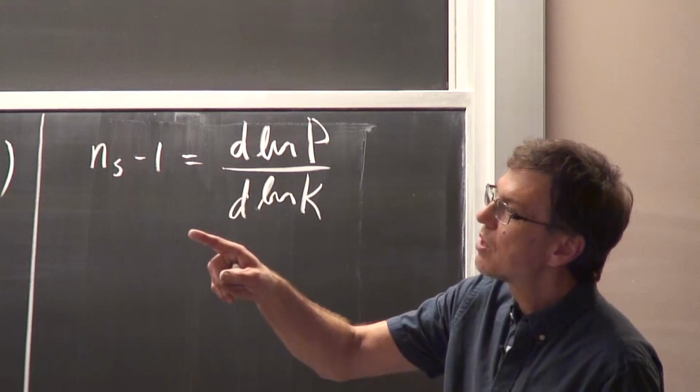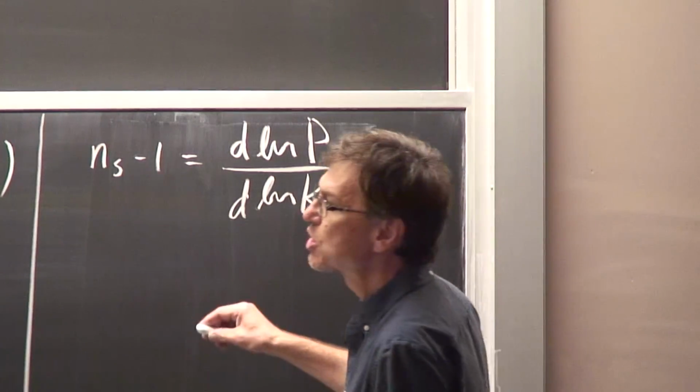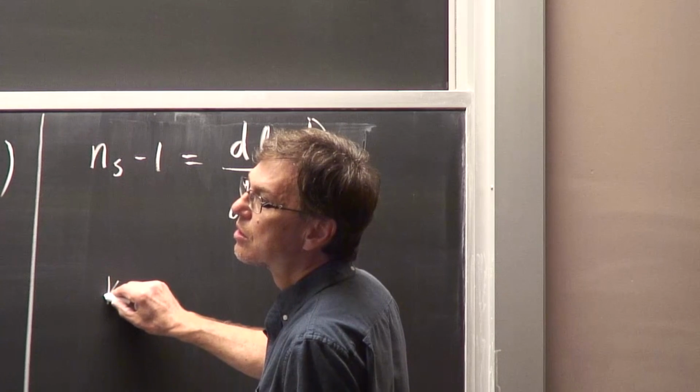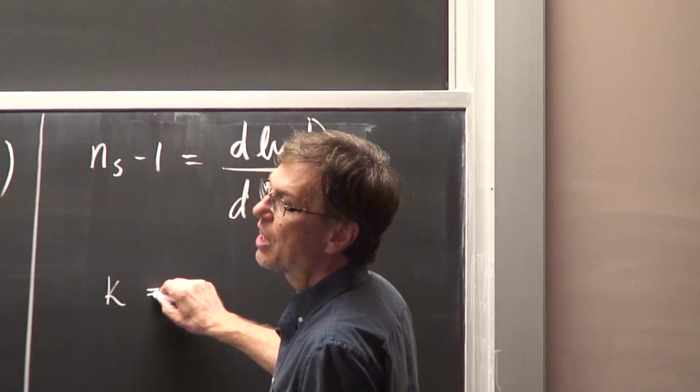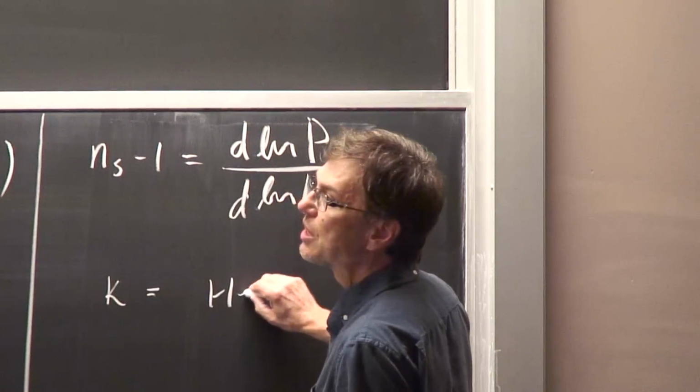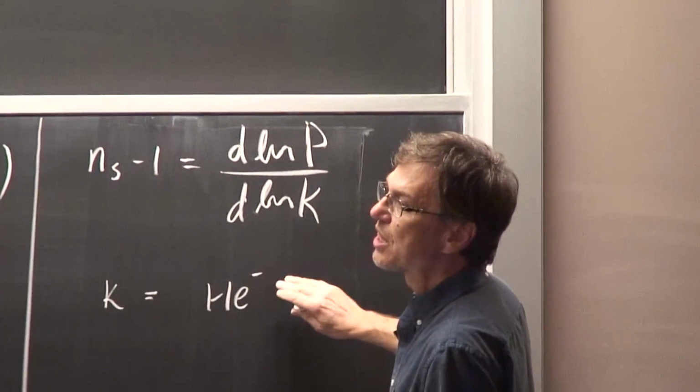And from our horizon crossing expression, since we have k is equal to H e to the N, right?